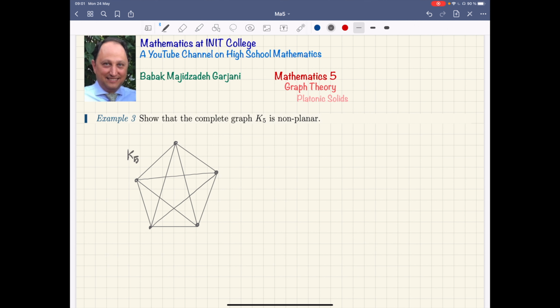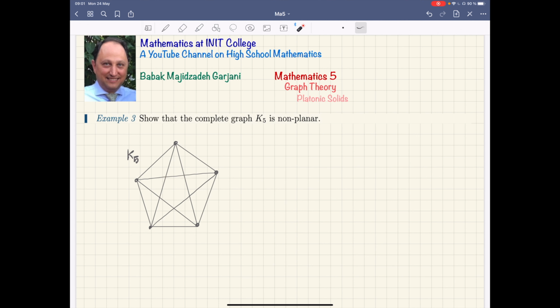We want to prove that this cannot be planar. Yes? So remember this as an example in your mind if you are interested in graph theory. K5 is probably one of the simplest graphs that we cannot have a planar embedding of. You might say that, okay, I can redraw this picture in a way that I do not have these intersections anywhere.